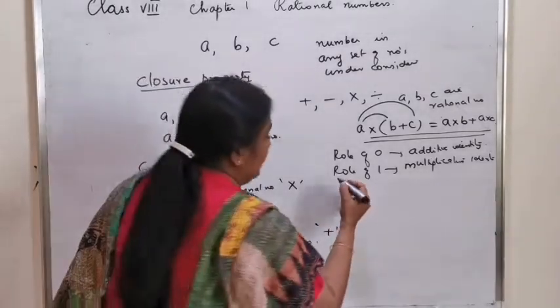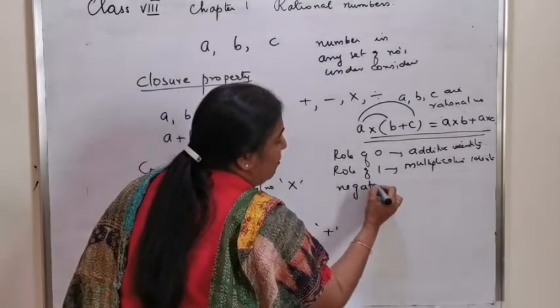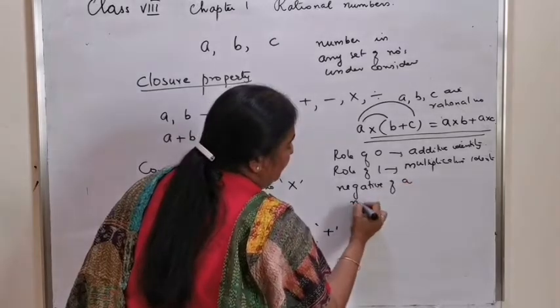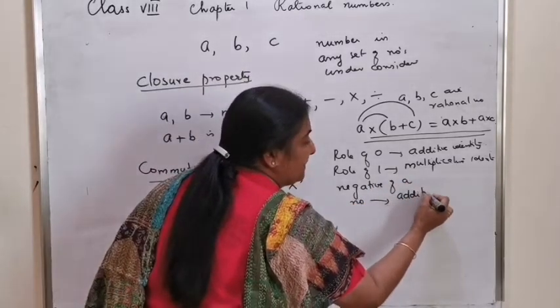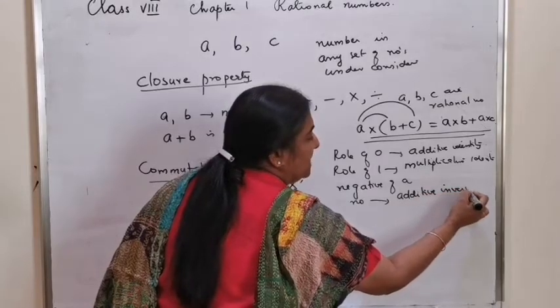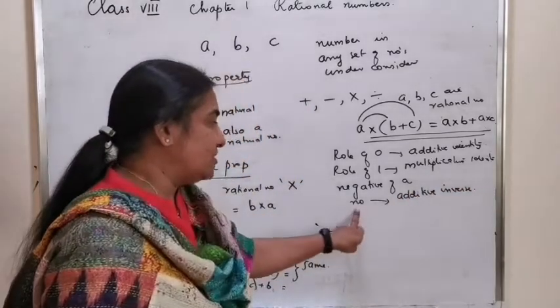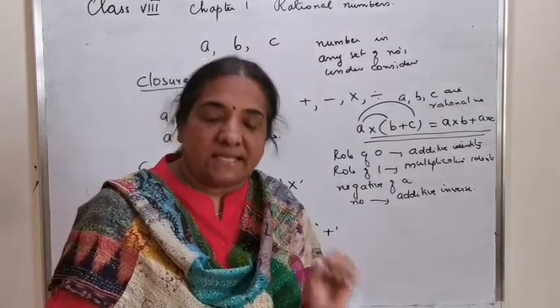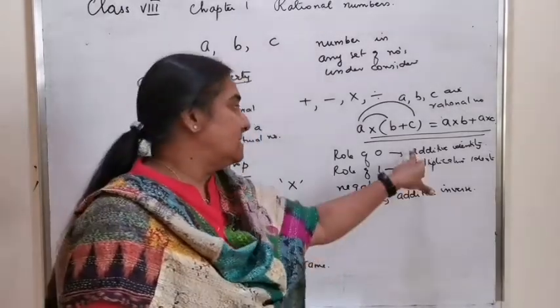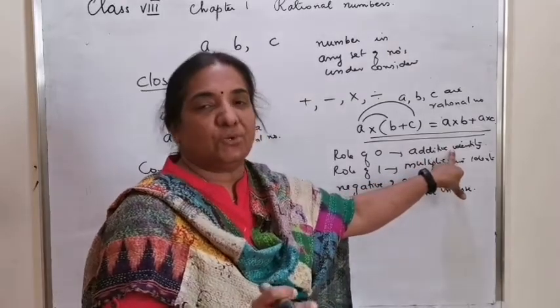What is the negative of a number called? The negative of a number is termed the additive inverse. And why is the negative called an additive inverse? When you add a number and its inverse, the answer is the additive identity 0.